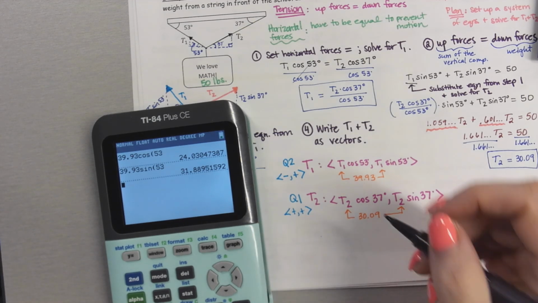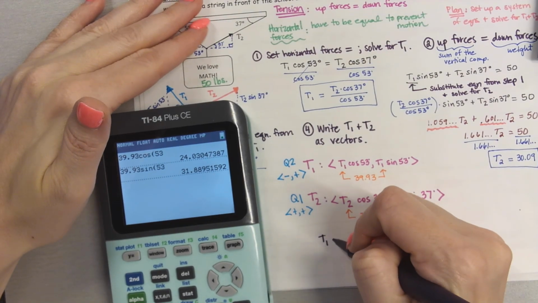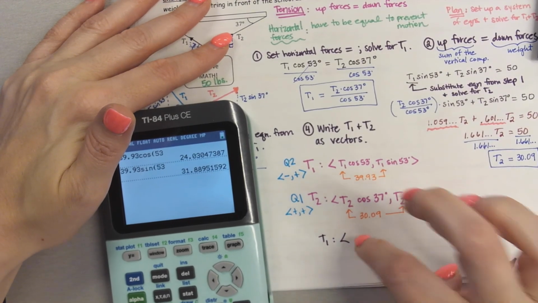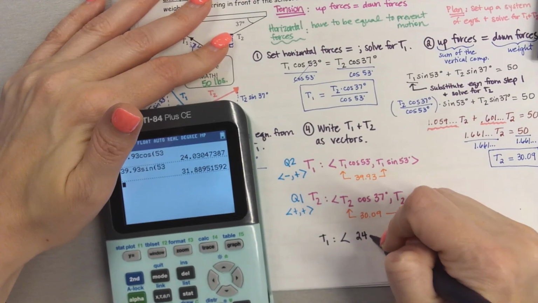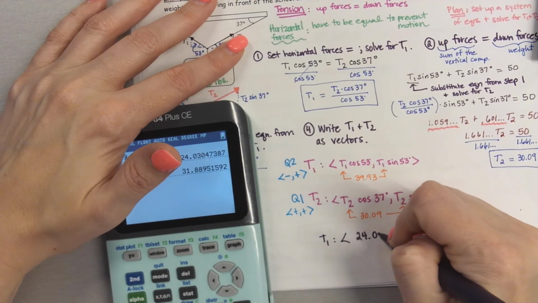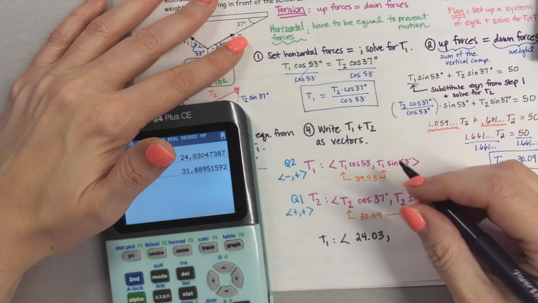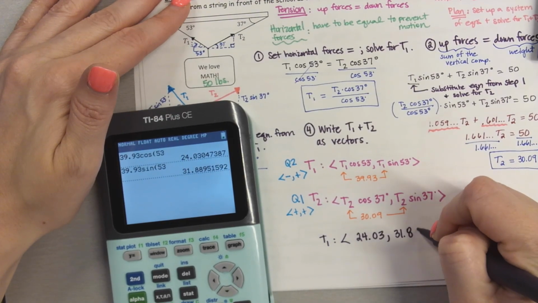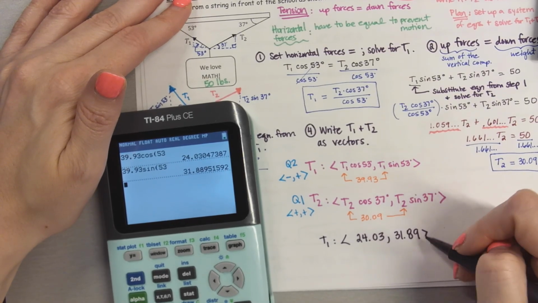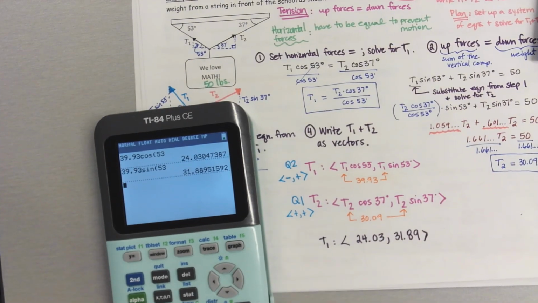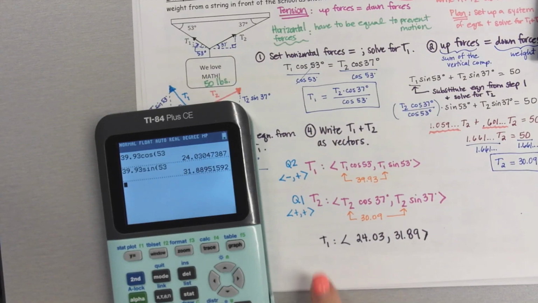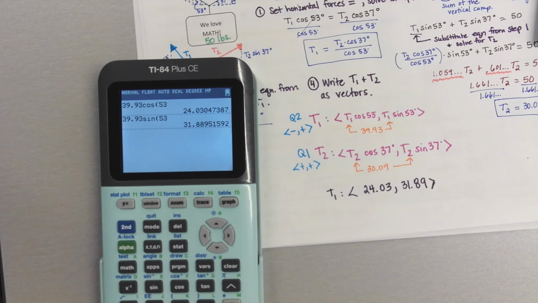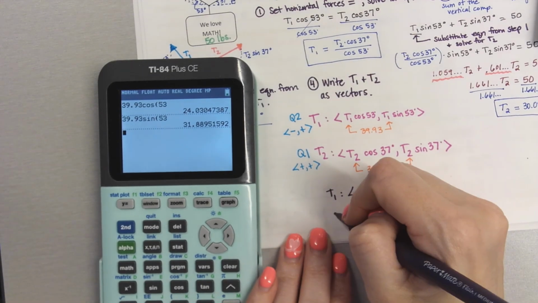So for t sub 1, leave a little space here, what you have is 24.03, and then 31.89 when you round. We are going to adjust that in just a moment. I just want to show you what happens with t sub 2.